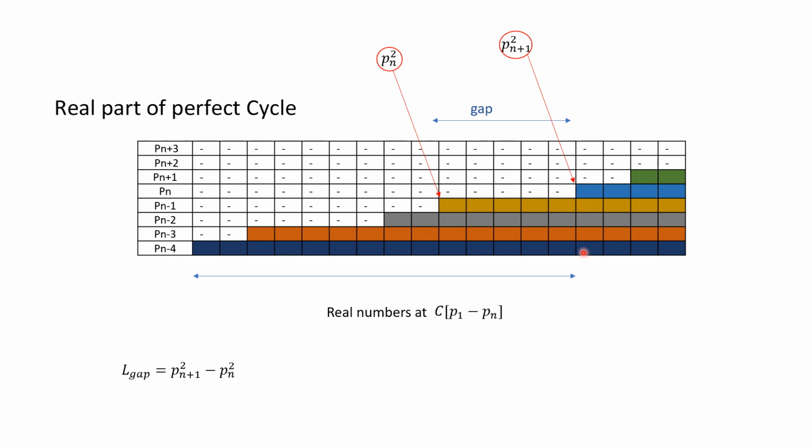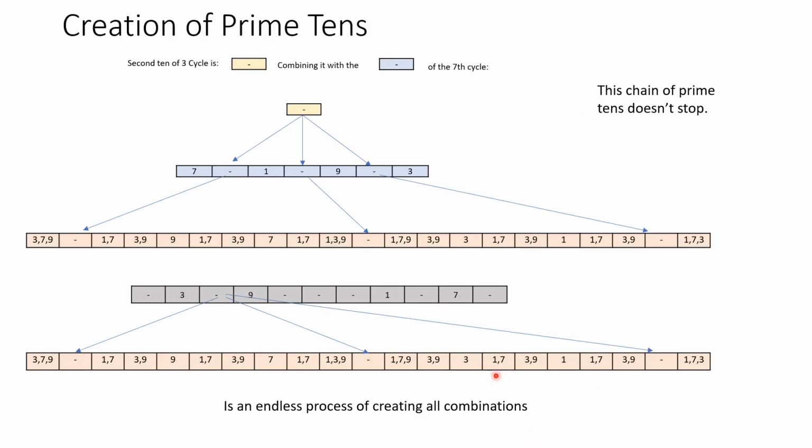That will be the length of the gap, and we will always know the composition of prime numbers until pn plus 1 square. So in the cycles there will always be cyclic prime terms, empty boxes. We're gonna keep adding and adding prime numbers to the main cycle, and we will always have cyclic prime terms.